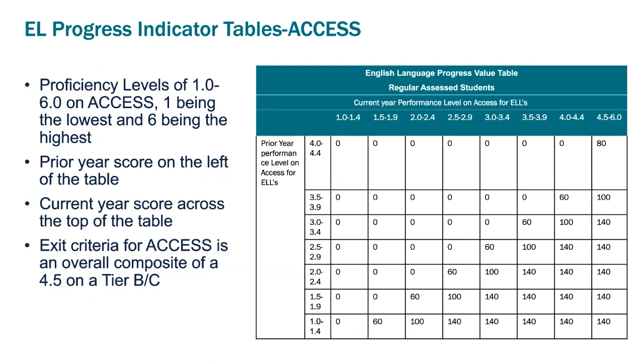What you're going to do is see what the student's previous score was and their current score was, and see where those intersect on this particular growth table. And where they intersect is where the point value is given. And those were those points that you see on those spreadsheets that we had back in August during data review.